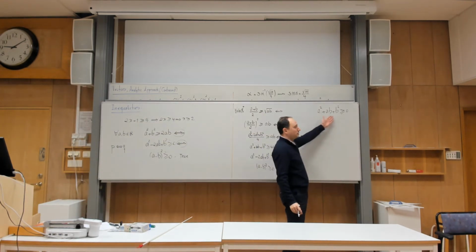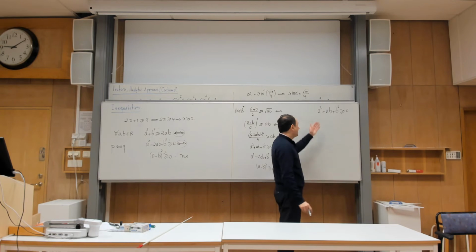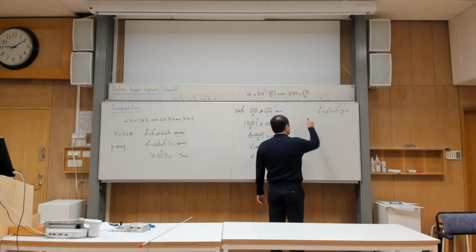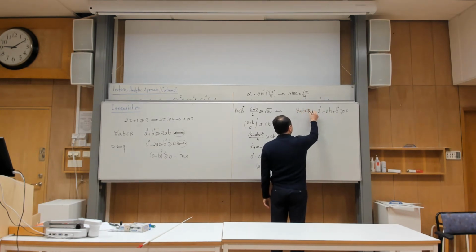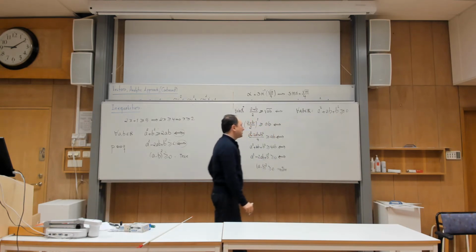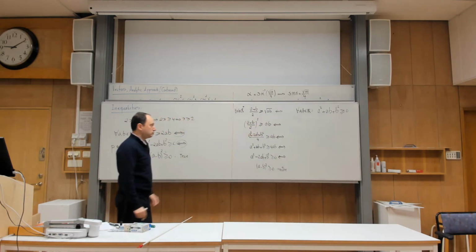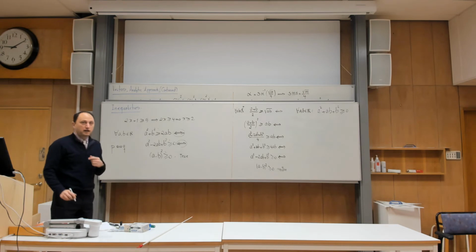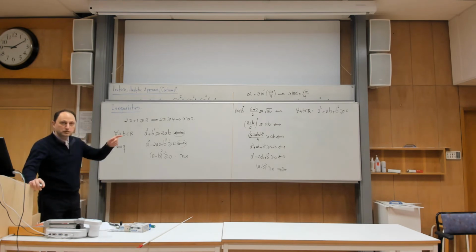Of course, for positive numbers, there is nothing to prove, yes? a squared plus b squared is already positive, and if I choose a and b positive, then I am done. But I want to show that for all a and b, even negative numbers, a squared plus ab plus b squared is non-negative. And I want you to tell me when it becomes equal to 0.